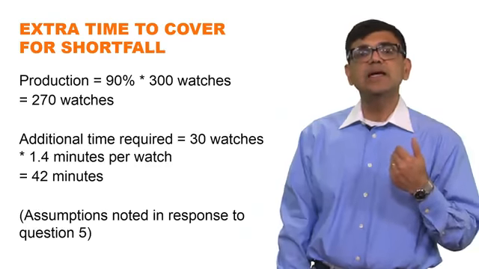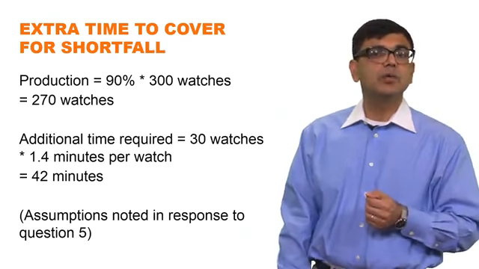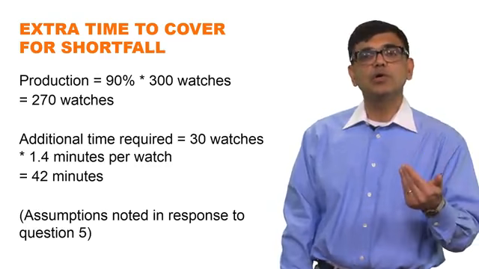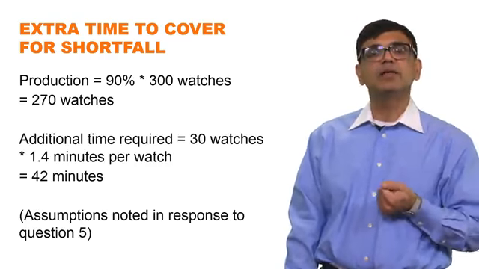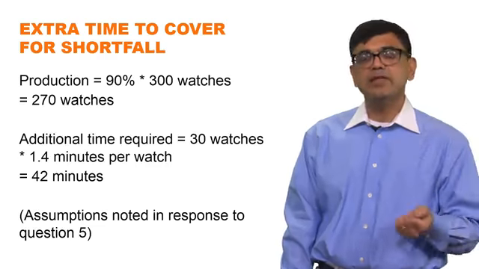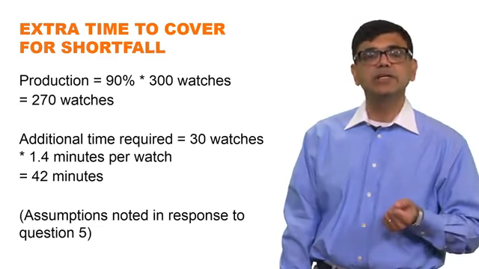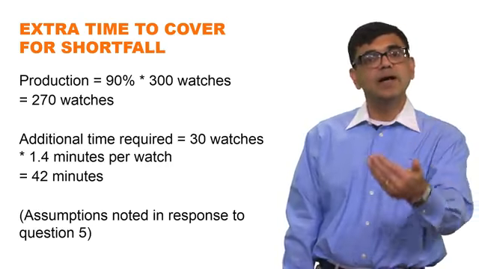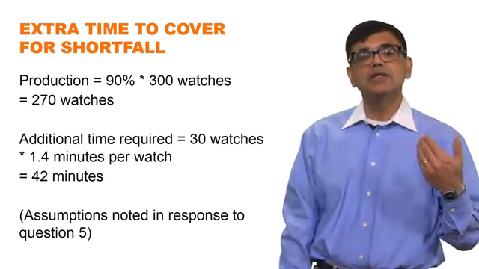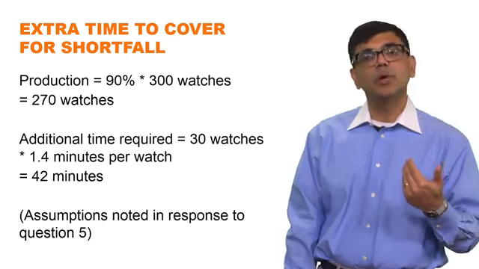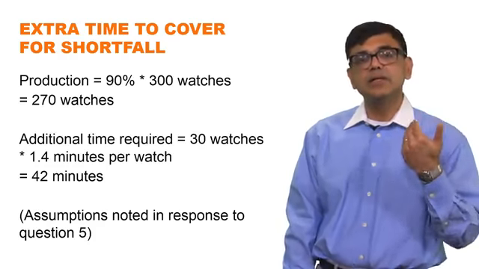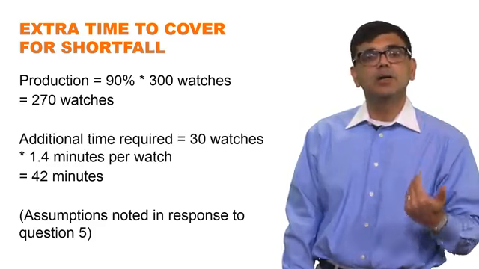So what would be the additional time required for making up that shortfall? They have a demand of 300 units. They fell short by 10%, so they made only 270. For the balance of 30 watches, you need 1.4 minutes per watch, and that gives you 30 times 1.4, 42 minutes.